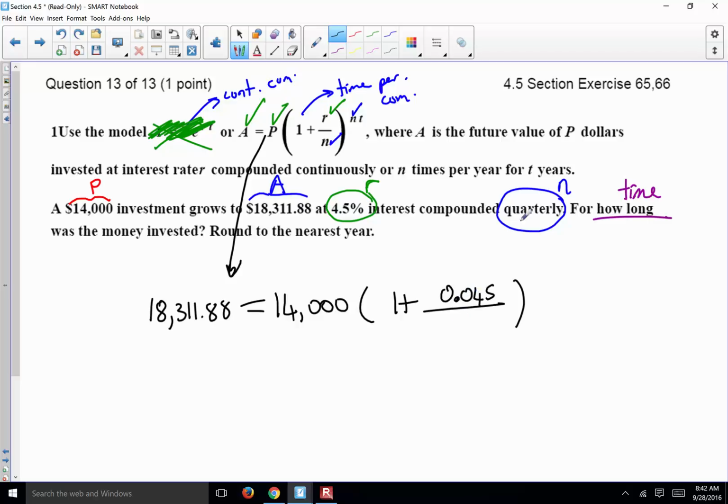N is, what does quarterly mean in N? How many times do you see interest in a year if it's compounded quarterly? 4 times, 4 quarters in a year, right? And then 4 again, because it's N again, and then the unknown, how long is unknown, so it's T. You need to get to this T.